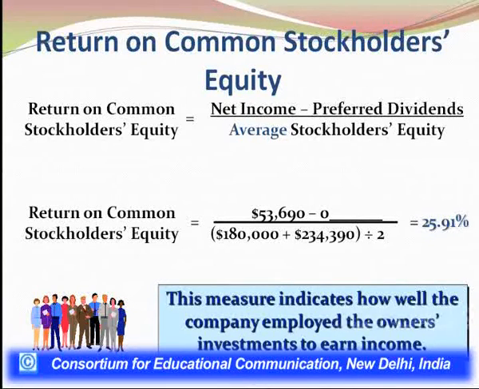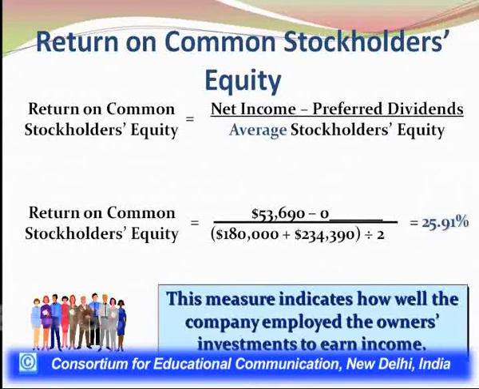In the books of Indian authors, the nomenclature used for this ratio is return on equity shareholders, and in some foreign authors' books you will find that this ratio is called return on common stockholders equity. So the formula given is in front of you: net income less the preference dividend divided by the average stockholders equity, right? This is the formula.